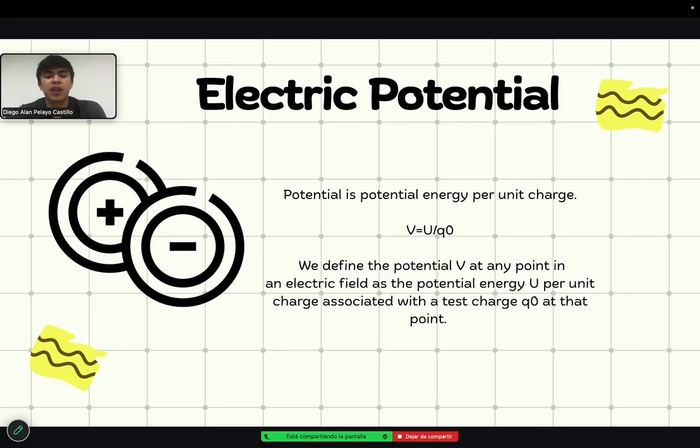Also included in this topic is the potential difference. In practice we are usually interested in the difference in electric potential between two points, which is known as voltage. This represents the work needed to move a unit charge from one point to another in an electric field.